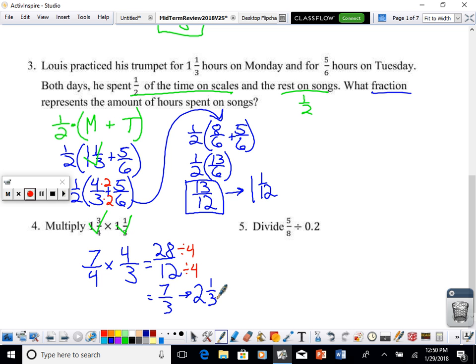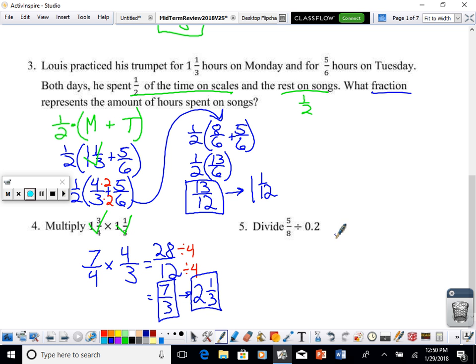Number 5 gets a little bit tricky because they ask us to divide 5/8 divided by 0.2. Well, the problem here is that I have a fraction and I have a decimal, and I have no scratch paper method to divide those two. So I either have to make everything fractions or I have to make everything decimals. Now, for me, I would probably take this 0.2, turn it into 2/10, reduce it down to 1/5, and then I can divide.